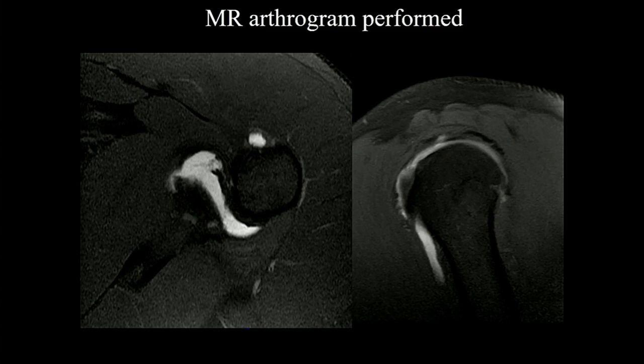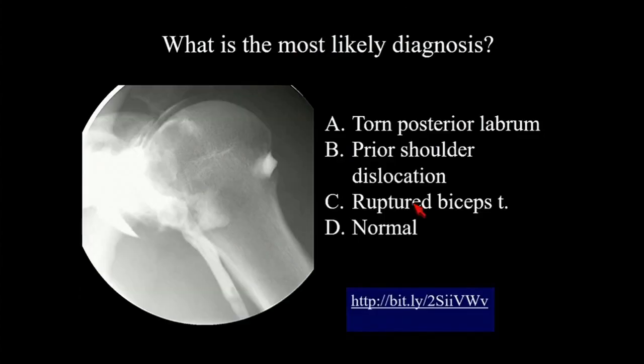So if you look at these two together, there's something definitely abnormal. And what is that? So what is the most likely diagnosis? Is it a torn posterior labrum, prior shoulder dislocation, ruptured biceps tendon, or do you think it's normal?